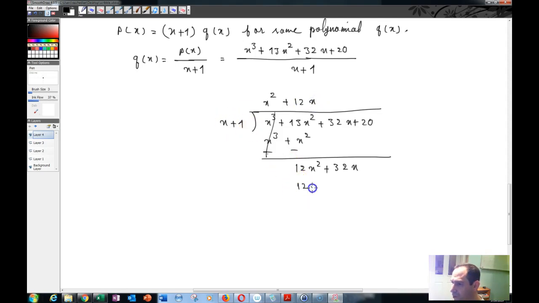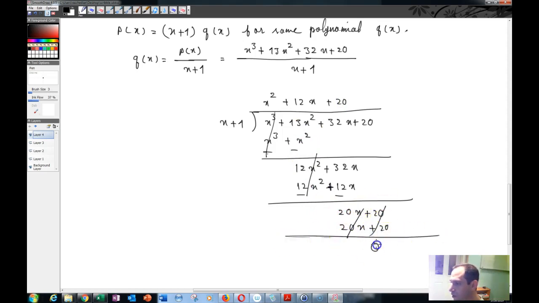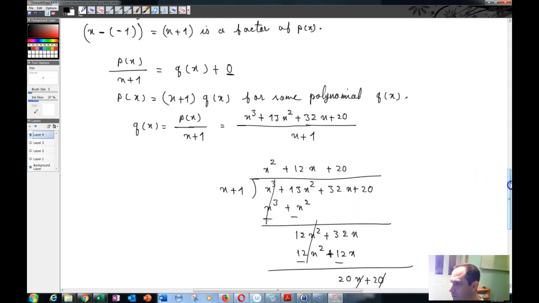So 12x squared plus 12x, and these two cancel out. 32x minus 12x is equal to 20x plus 20, divided by x that would be 20, so 20 times x plus 1 is equal to 20x plus 20, then these two will cancel out, you'll have a 0. So that means that basically this polynomial divided by this polynomial is going to give you x squared plus 12x plus 20.